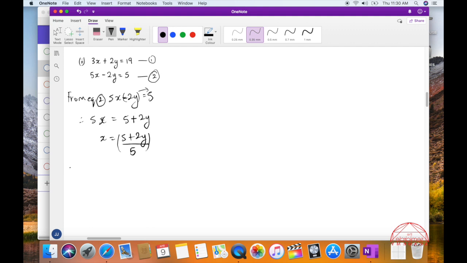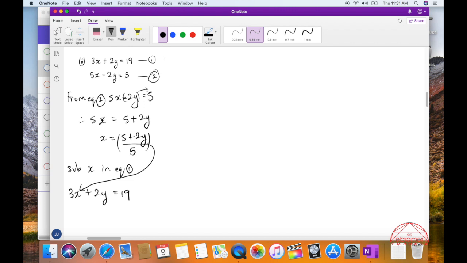So let's sub x in equation 1. So equation 1 is what? 3x plus 2y is equal to 19. So what I'm going to do is take this expression and put it wherever I have x, right?